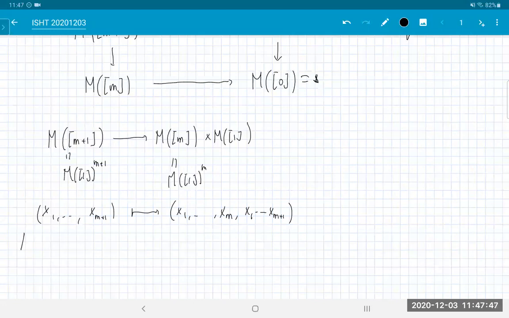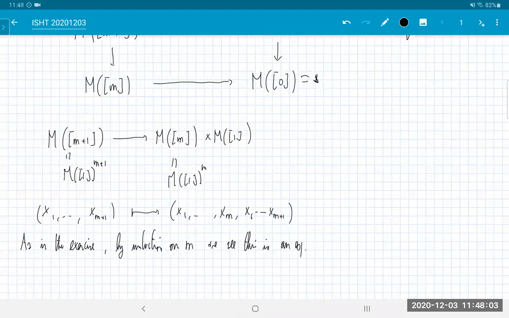And as in the exercise, by induction on M, we see this is an equivalence for M if M is a group. I am regretting choosing little n as a symbol for the indices now, but sorry about that. I should have used I and J.